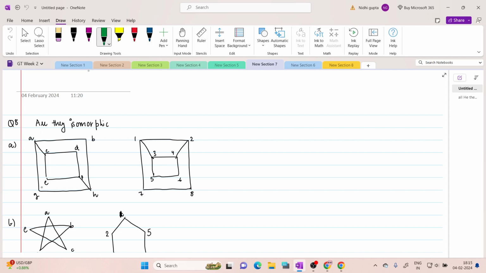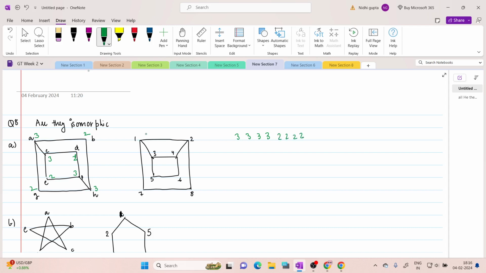First list down the degree of each vertex. This has degree 3, this has degree 2, this has degree 3, this has degree 2, this has degree 2, this has degree 3, and this has degree 3. So for the first one, we have 4 vertices of degree 3 and 4 vertices of degree 2.